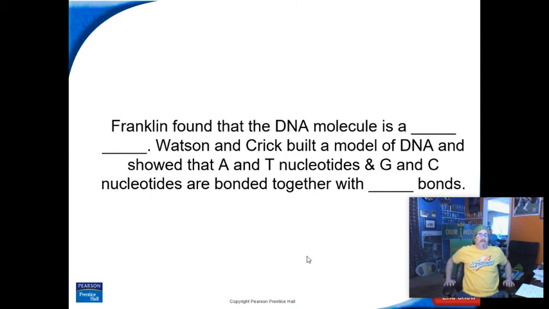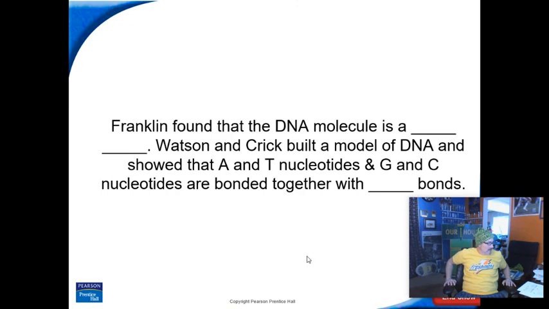Okay, Franklin found that the DNA molecule is what shape? If you can't remember, take a look at number 23. And then Watson and Crick built a model of DNA and showed that A and T nucleotides and G and C nucleotides are bonded together with what types of bonds?